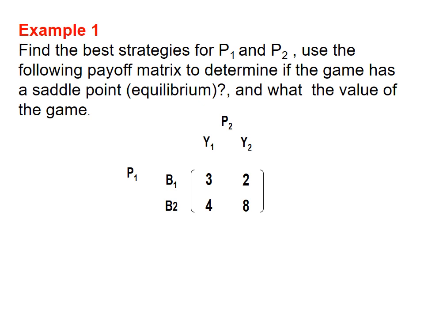If the first player takes B1 and the second Y1, the outcome will be 3. And if the first player takes B2 and the other player takes Y2 strategy, the outcome will be 8.